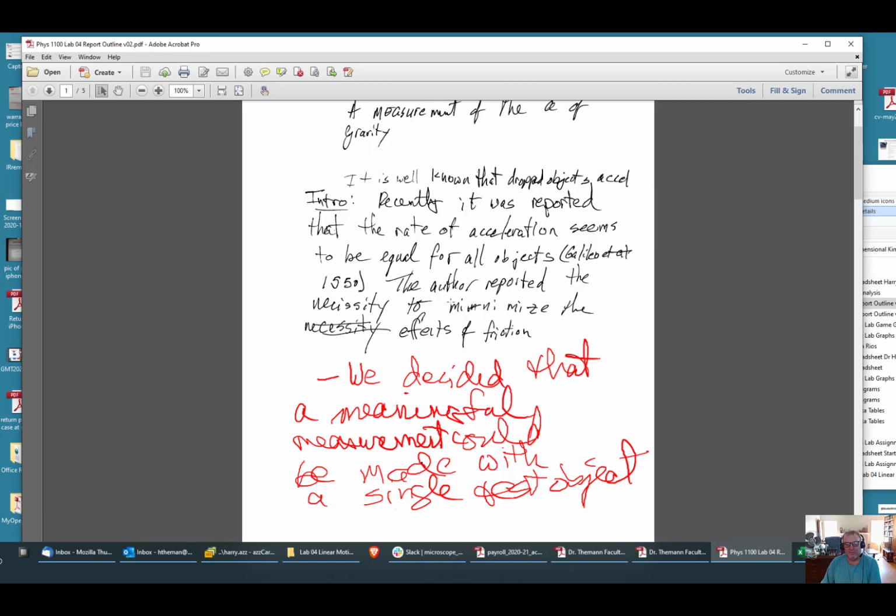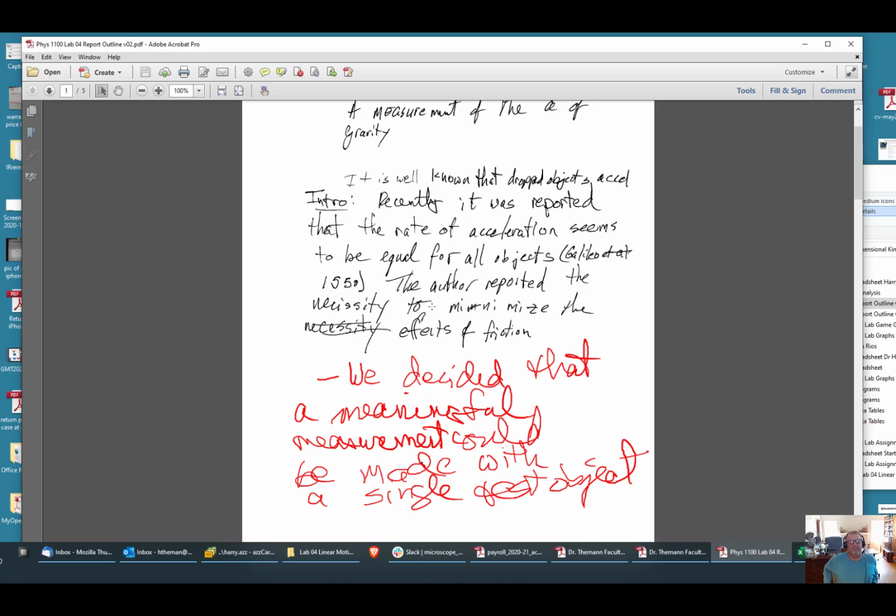But also noted was that the author reported that it was necessary to minimize outside effects, principally the effects of air friction. One can simply imagine, if I took a wooden ball and a feather that were the same mass, same weight, and dropped them, they obviously don't accelerate the same.